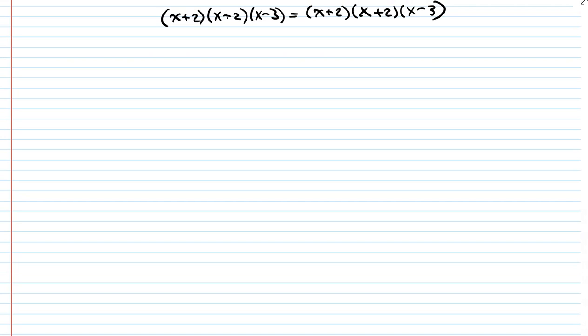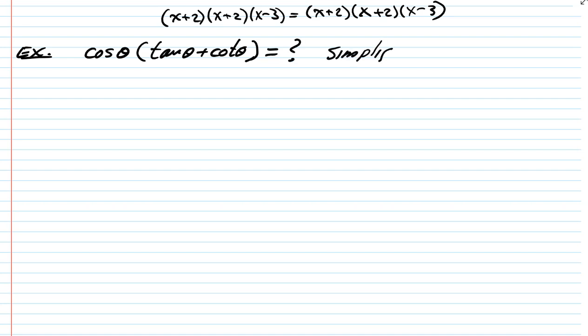Okay, so let's actually do this and I'll show you what I mean here. Suppose I have cosine theta times (tan theta plus cotangent theta) is equal to. Now imagine this. If I didn't give you the right side and the question says simplify. This is how I solve my identities.